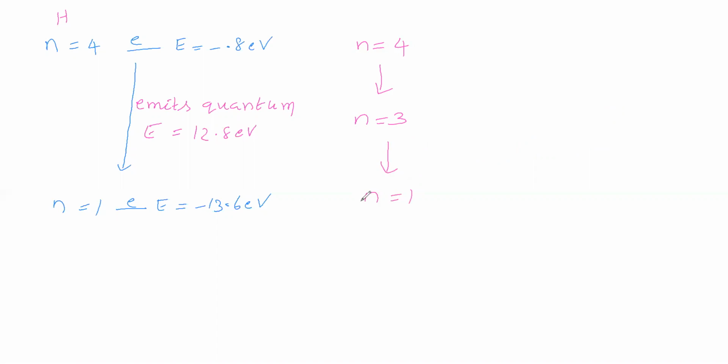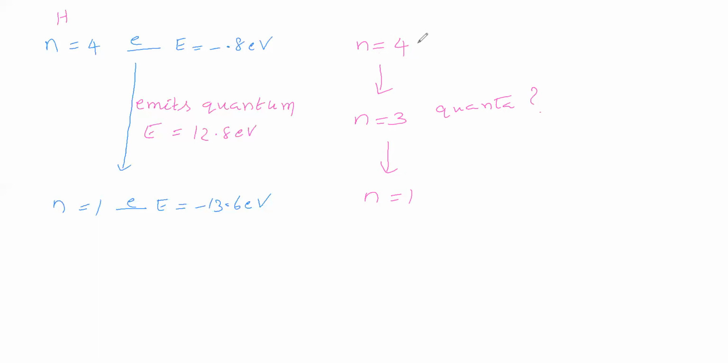It jumps from the fourth level to the third level to the first level. Now you say, how many quanta are emitted by the electron? I am not asking the energy of the quantum. How many quanta are emitted?